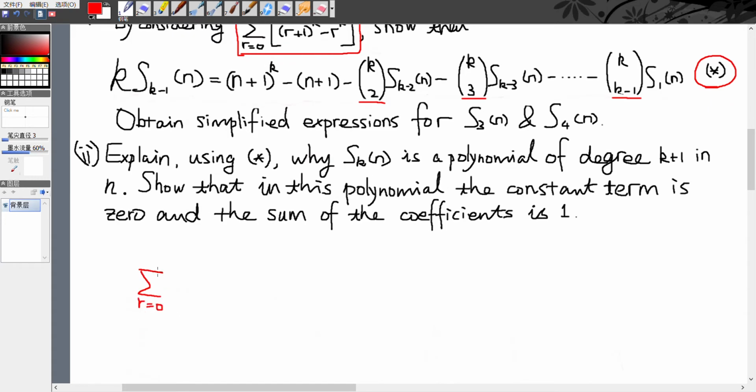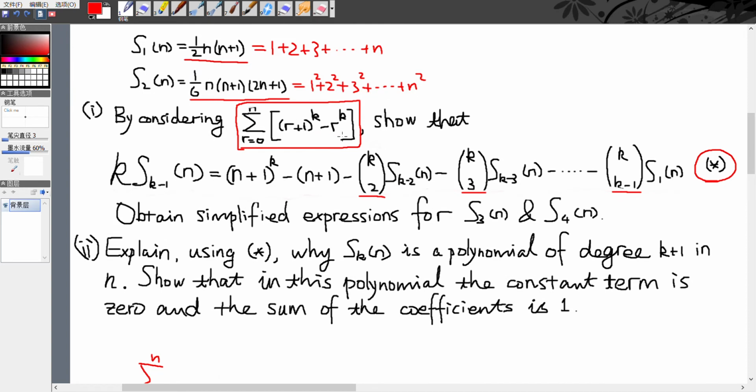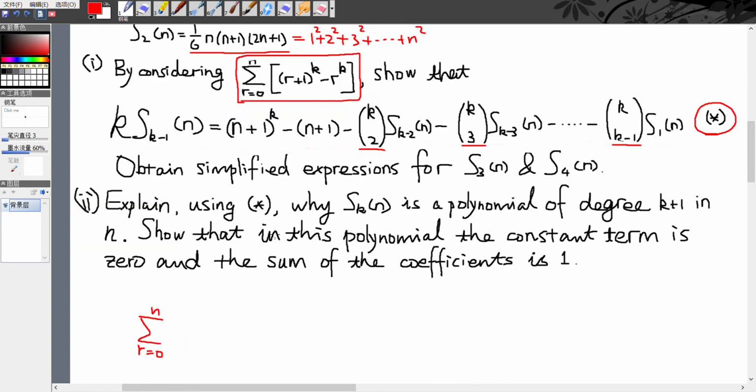Summation r equals 0 to n. If we binomially expand it, the r to the k term will be cancelled, and it leaves us k choose 1 r to the k minus 1 plus k choose 2 r to the k minus 2 plus all the way to k choose k minus 1 r plus k choose k.